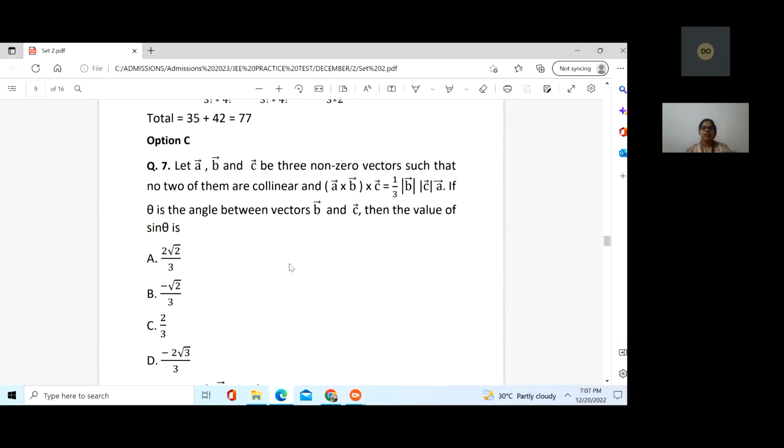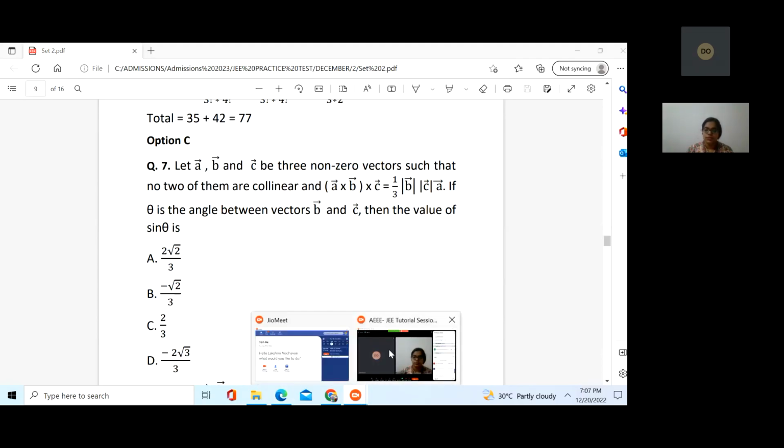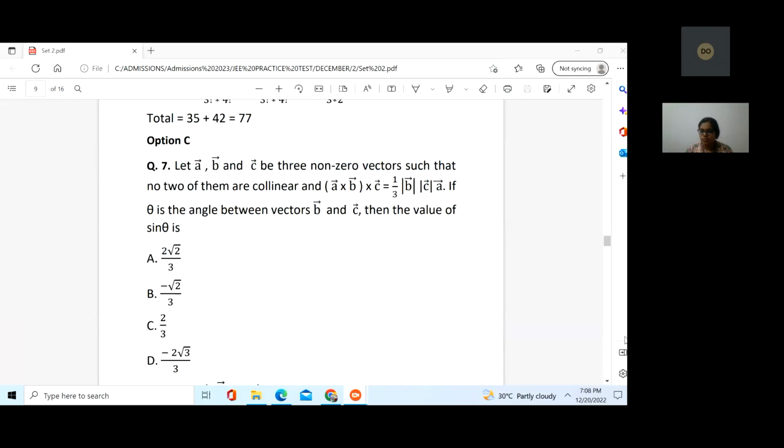Whatever is given in the question is that they are non-zero, they are not collinear, and we have an equation or a statement here. And they're asking us to find the angle between the vectors B and C. We need to find the angle between the 2 vectors B and C. So I hope you have started solving this question.